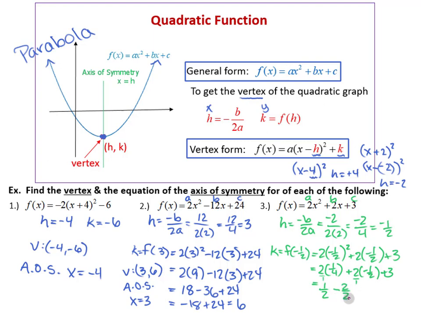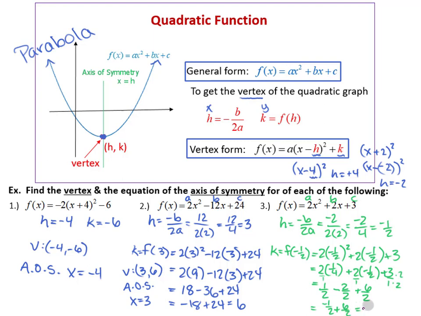Or in fact, maybe I'll leave that as 2 over 2, just so we have a common denominator to help us combine here. And in fact, our 3, just to give it a common denominator, let's multiply top and bottom by 2. Because remember, when you add or subtract fractions, you need a common denominator. So 1/2 minus 2/2 is -1/2.